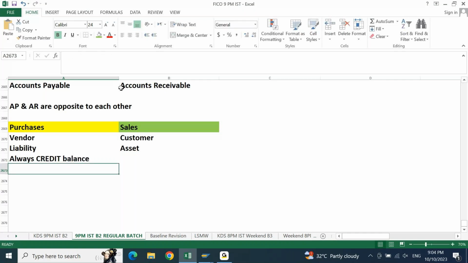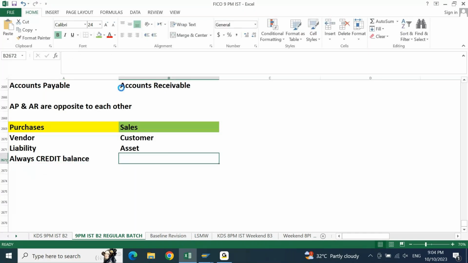Now, the vendor should always show a credit balance, and the customer should always show a debit balance. In short, your vendor account ideally shows a credit balance all the time, and your customer account always shows a debit balance.